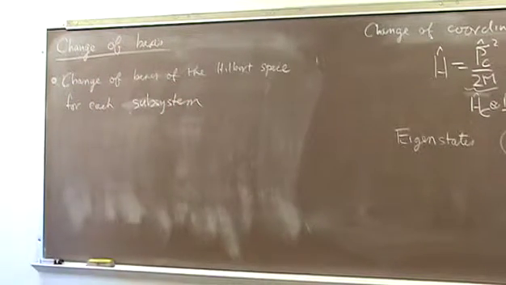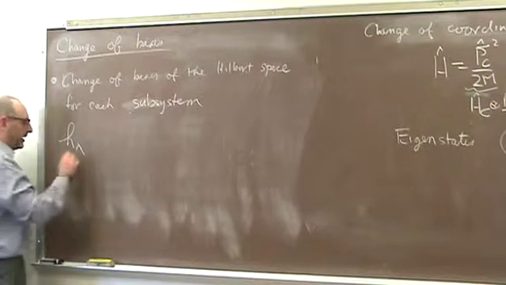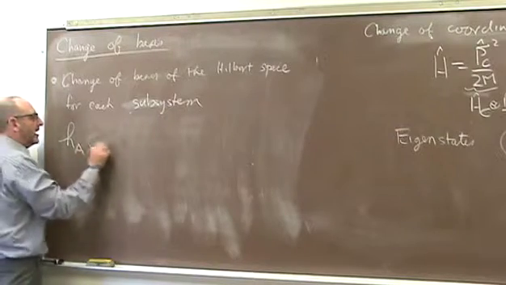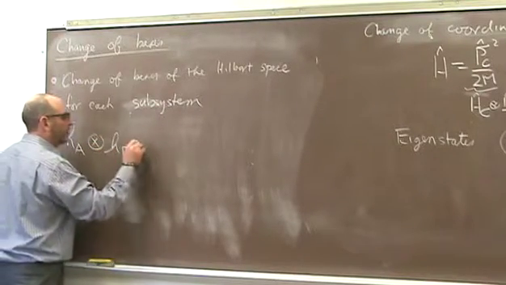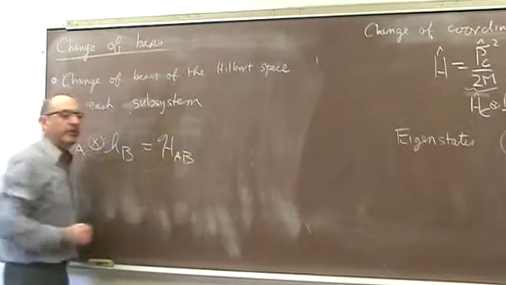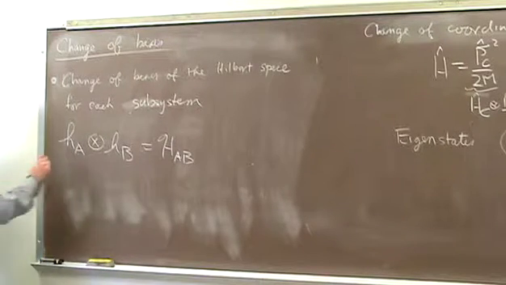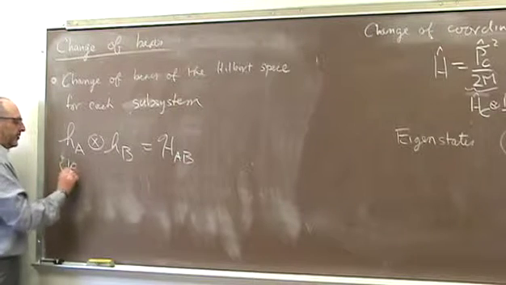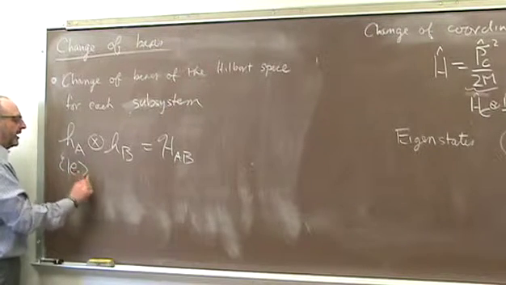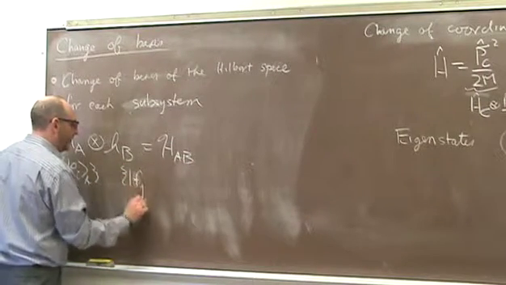So I have some Hilbert space associated with subsystem A, and I have some Hilbert space associated with subsystem B, and we have the tensor product space for the joint system. Now, of course, we can change basis on our Hilbert space. And one way we can change the basis is just to say, we started with some standard basis, some canonical basis for subsystem A and for subsystem B.